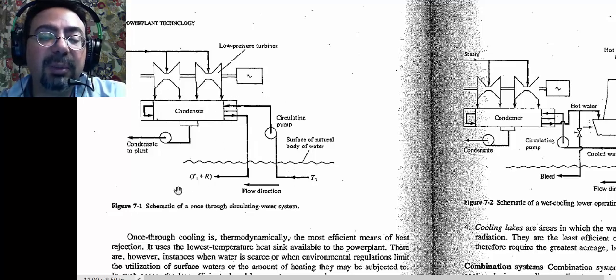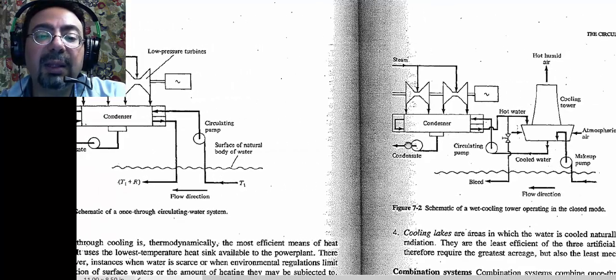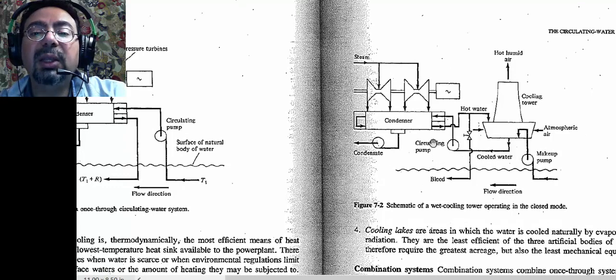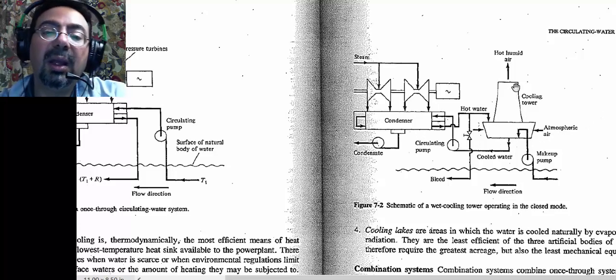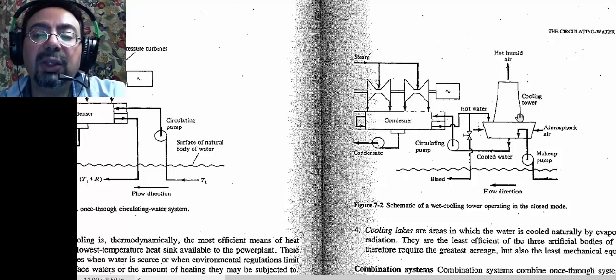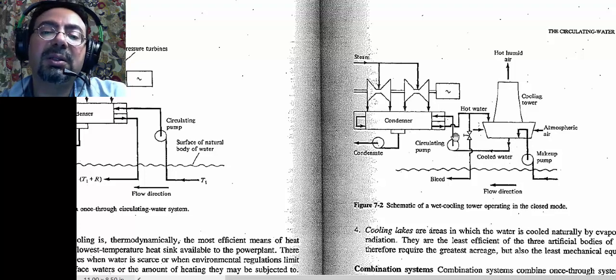But if you don't have a river nearby, or you don't want to handle the dirty water, then you can have your own cooling tower. So that cooling tower takes the hot water, sprays it in the air, and then the air will cool it, and then you get the cold water back into the condenser.